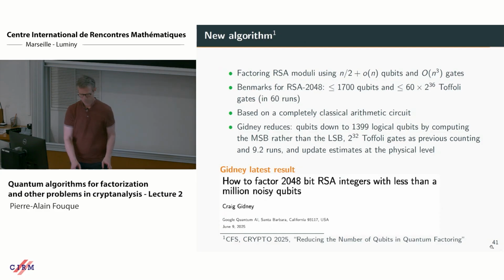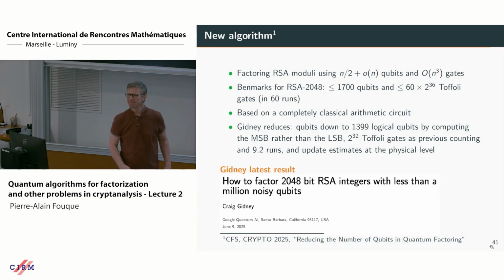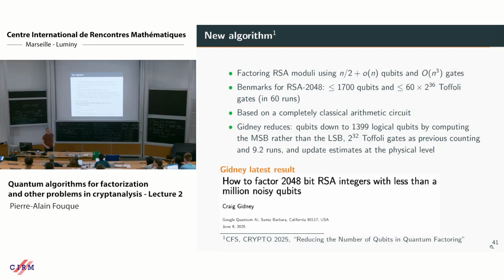Yeah? You mentioned the Kuperberg paper on the dihedral group for the hidden subgroup problem. Is there interest to extend this kind of result to other non-abelian groups? Like a proof of concept? To non-abelian groups, there is the Kuperberg algorithm that I showed before.